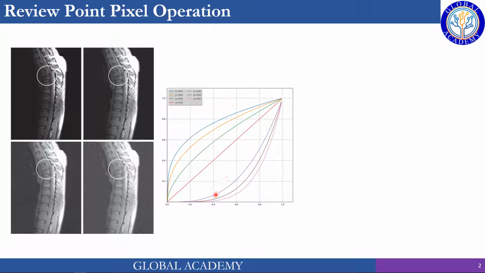So that's called transformation. We pick a grayscale from this image, we use this mapping to transform that gray level, and then we place that gray level in the output image.